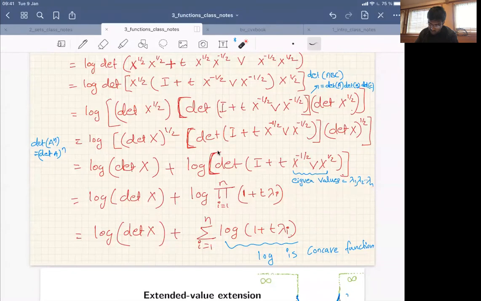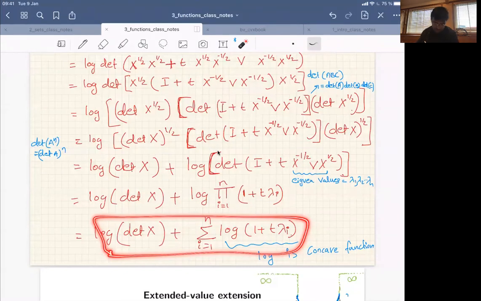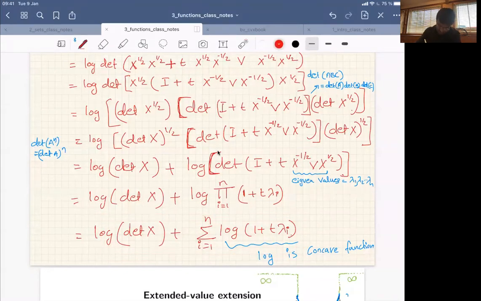So what will be the eigenvalues of the whole matrix? It will be 1 plus t times lambda i's, and the product of that, and log of this. Next step. This guy is safe, and here inside log we have a product. I take it outside as a sum here. So this is the final thing that we have. This was our g of t.